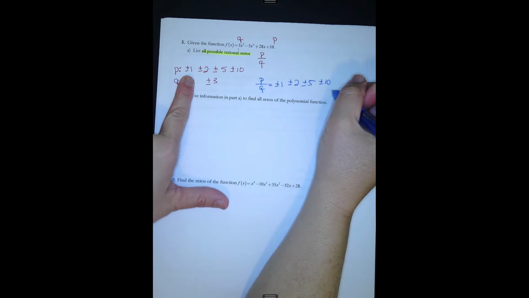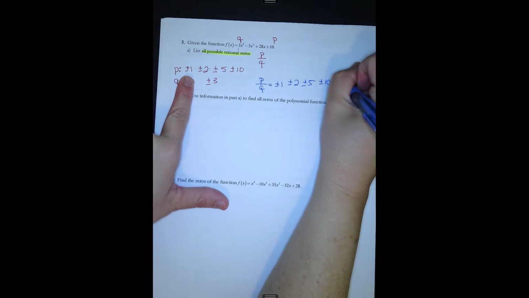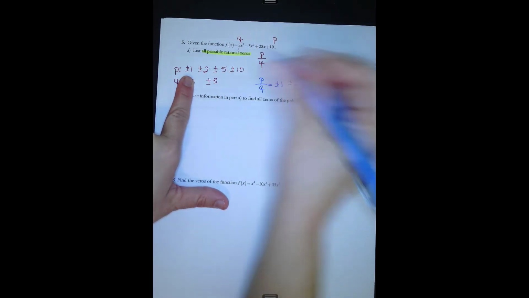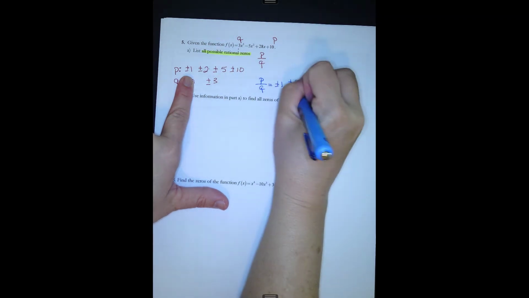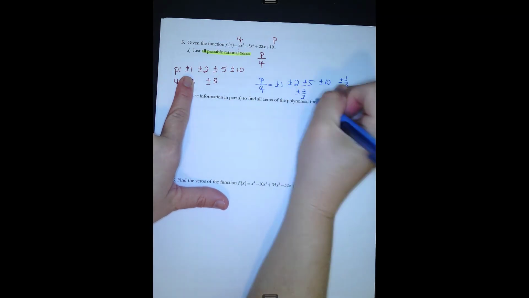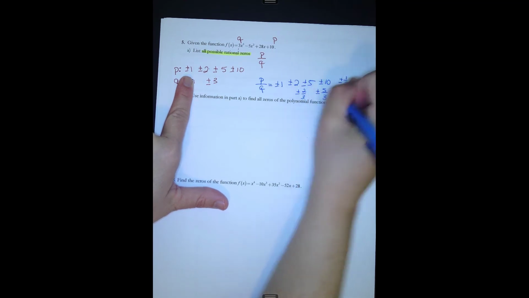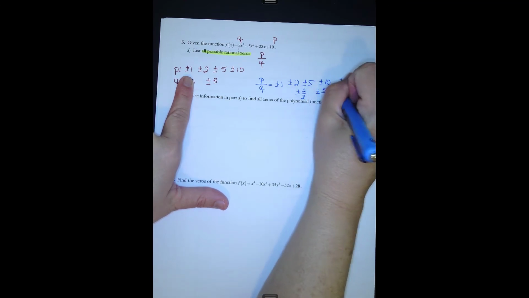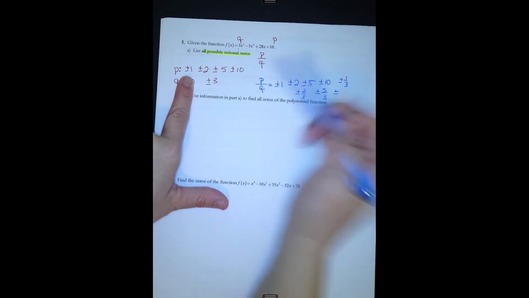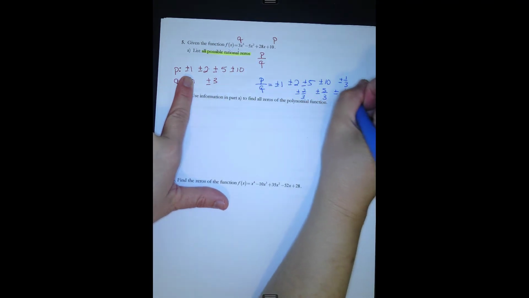Then our next one, 1 over 3, so plus or minus 1/3. 2 over 3, plus or minus 2/3. 5 over 3, plus or minus 5/3. And finally, 10 over 3, so plus or minus 10/3.